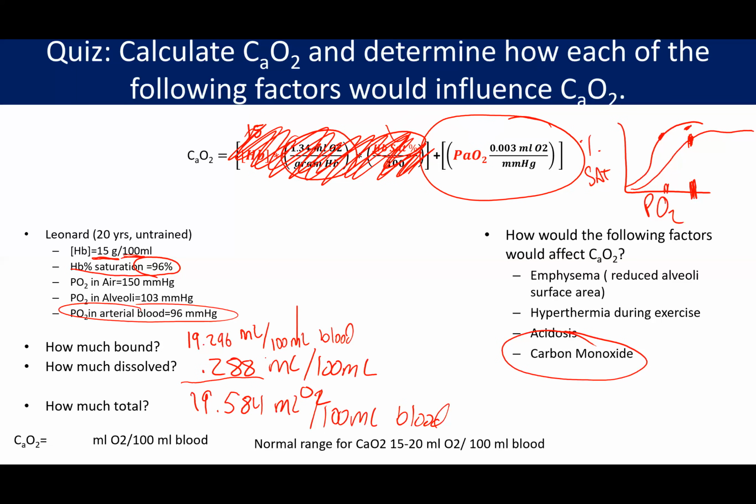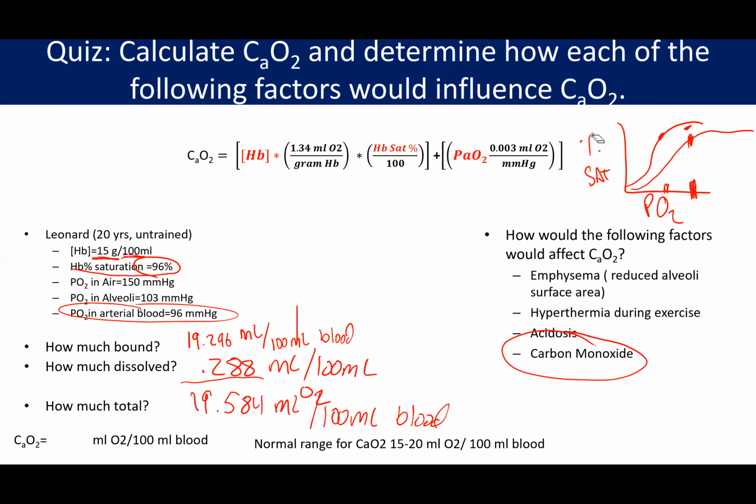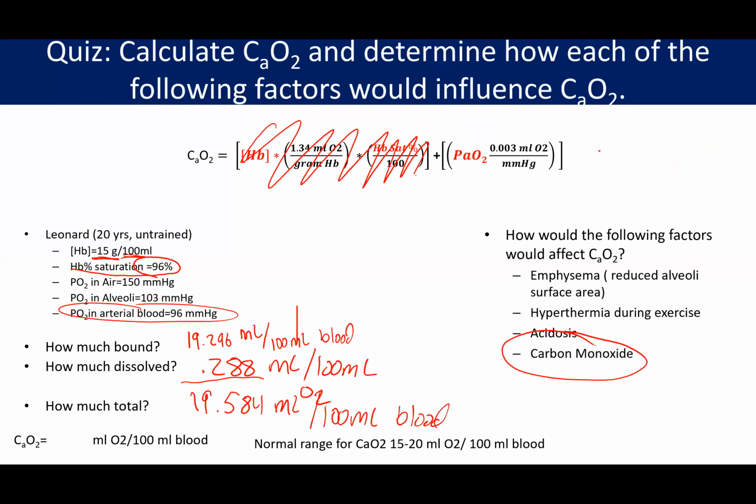So that's why it could be deadly, because you can't transport enough oxygen by just having oxygen dissolved in the blood. So one of the treatments usually for carbon monoxide poisoning is to increase your partial pressure. If it's super severe, you're going to take this completely out. You won't be able to transport oxygen on your hemoglobin. So what's done in the hospital is they'll increase the partial pressure.